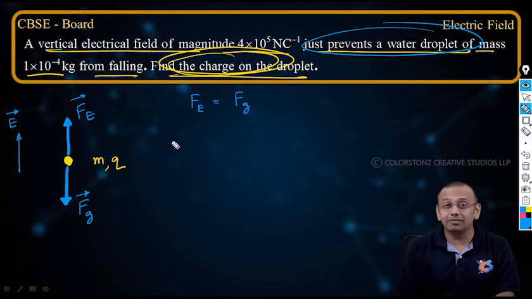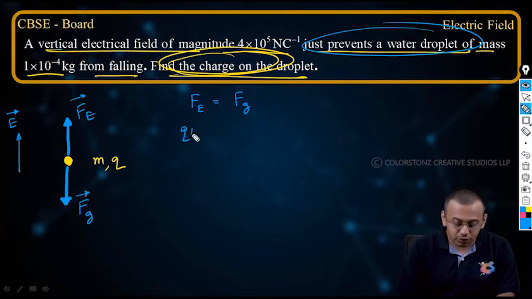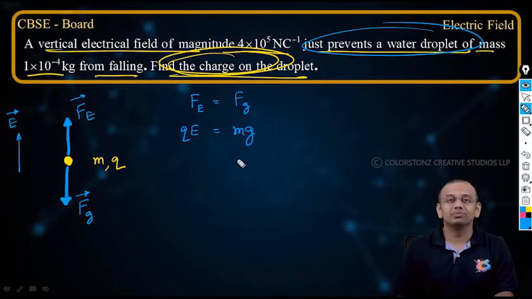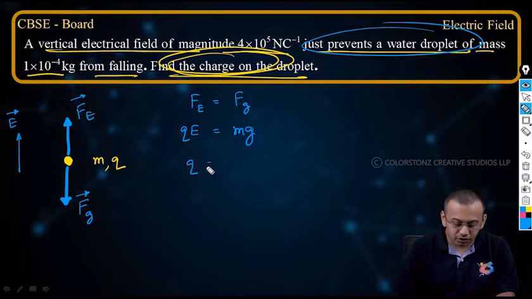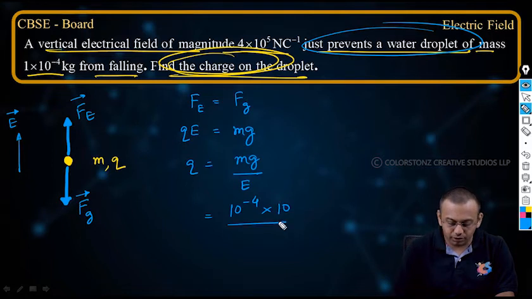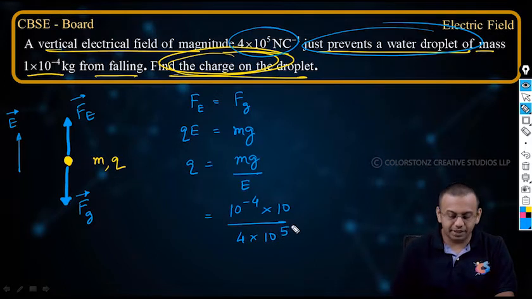The electrostatic force can be written as qE, whereas the gravitational force, of course, we know is mg. We have to find the charge, so this will become mg upon E. Just put all the values, 10 to the power minus 4 into g value, that is nearly equal to 10, upon E, which is here 4 into 10 to the power 5.